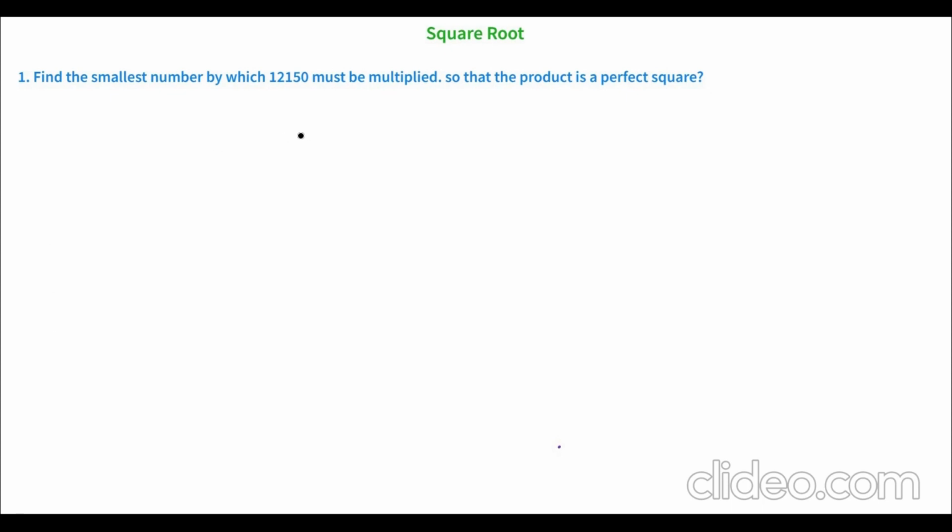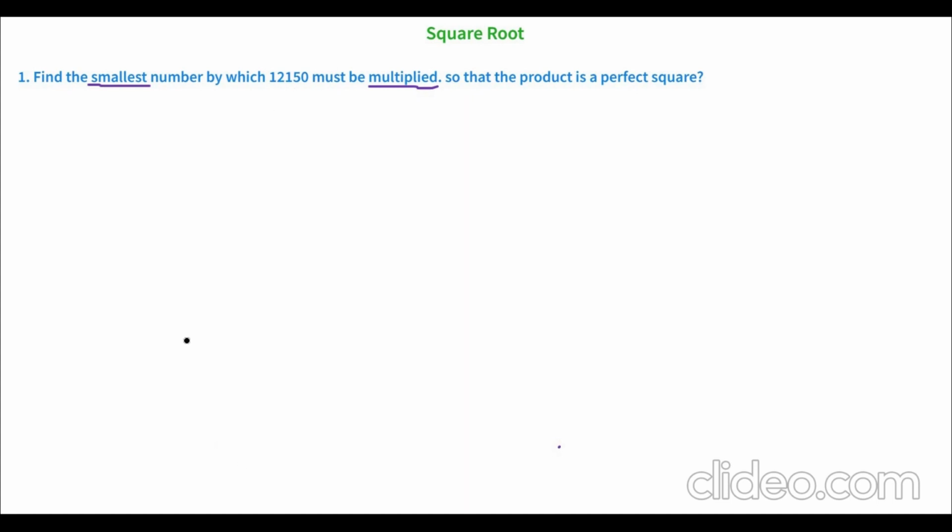From the question we know that this is not a perfect square, so there should be some other number multiplied with this to make it a perfect square, and that should be the smallest number. So first, let's find the square root of this.